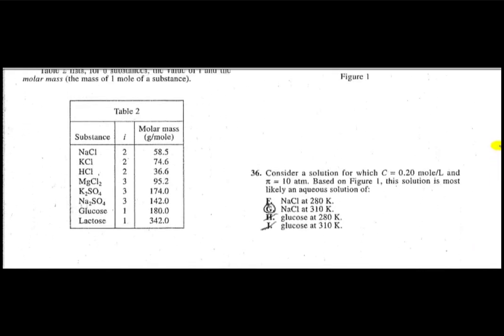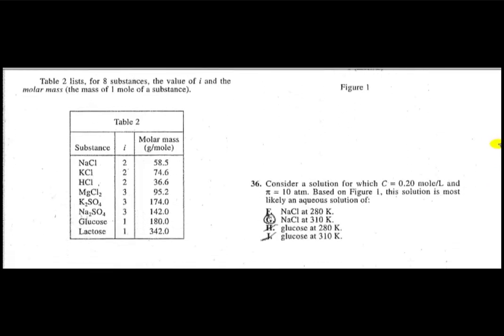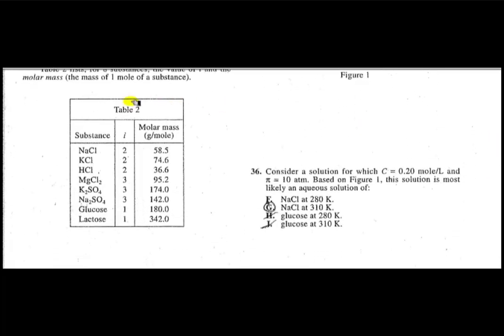We can find that information when we scroll back up in Table 2. We have the molecular mass or molar mass of glucose and lactose, and it looks like the mass is 342 versus 180 for glucose. It looks like our I value is 1 and 1 for both of them.